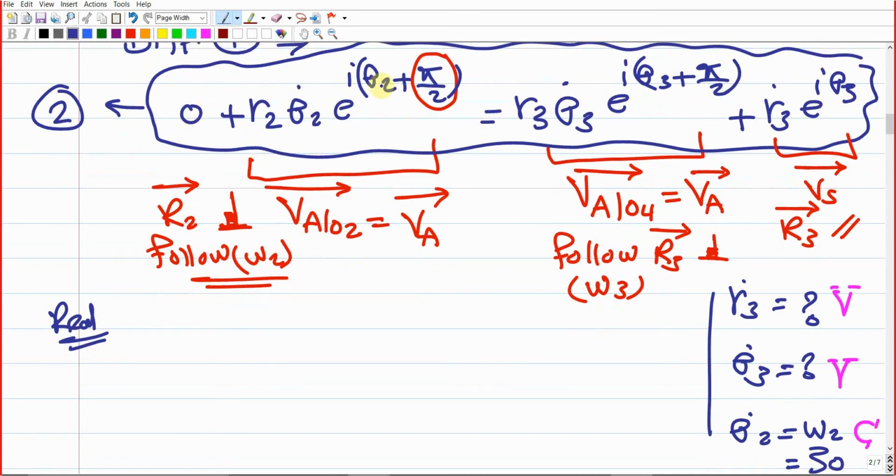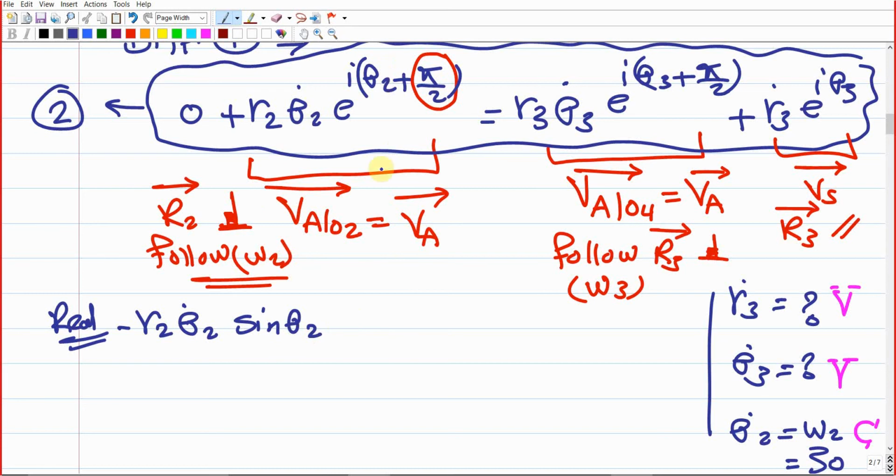The first term definitely is 0. The second term, the real term, should be R2 theta 2 dot cosine of theta 2 plus pi over 2. But we agreed that cosine of theta 2 plus pi over 2 gives negative sine theta 2. This is equivalent to getting rid of the pi over 2. We can write this one as negative sine theta 2.